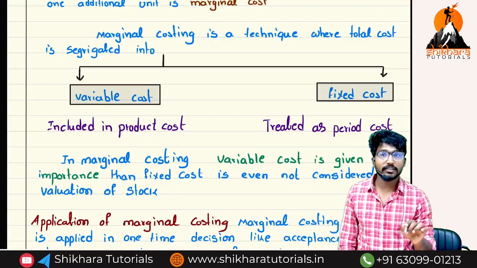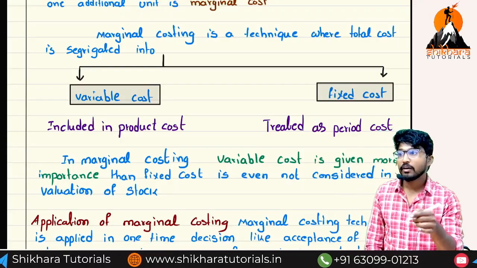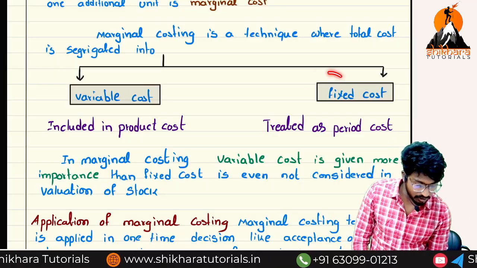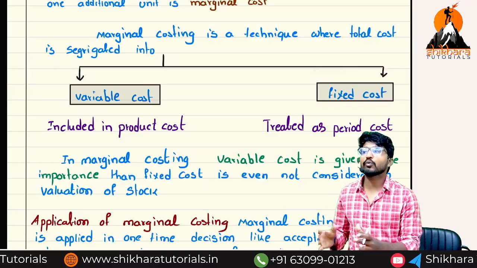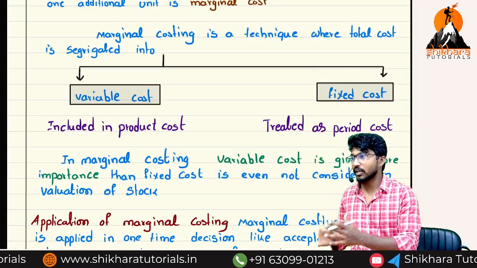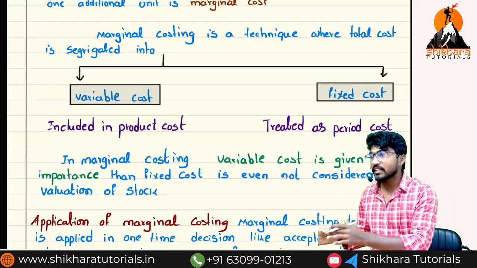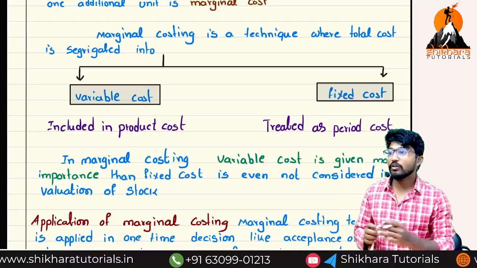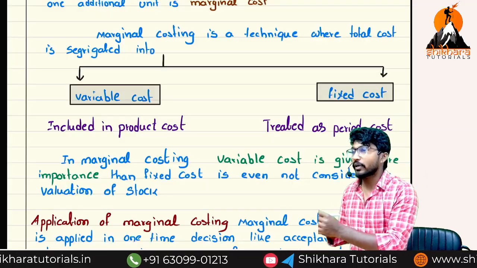As per marginal costing, the variable cost portion is included in the product cost, and fixed cost is treated as period cost. That means whatever you are incurring as variable cost is directly related to product manufacturing cost. Without variable cost, it is not possible to produce a product.